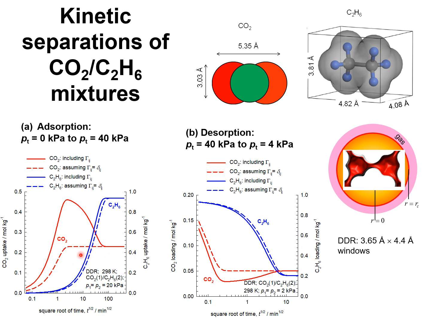Here I have two graphs showing transient uptakes and transient desorption of mixtures of CO2 and ethane. On the left-hand side, the crystallites of DDR zeolite are exposed to a bulk gas mixture at a total pressure of 40 kilopascals, 20 kilopascal each for either guest species.